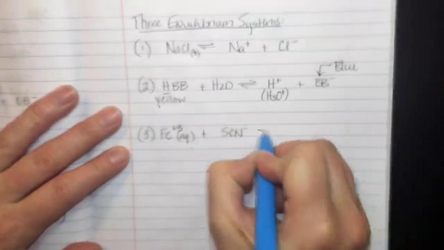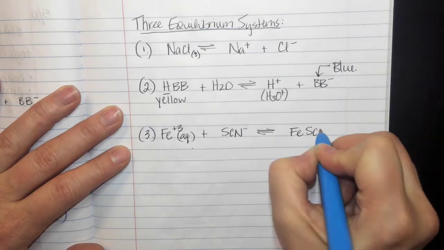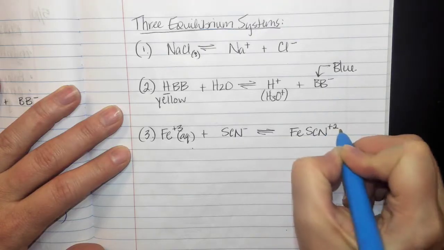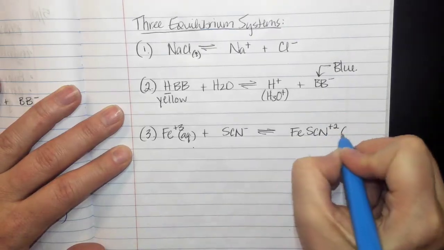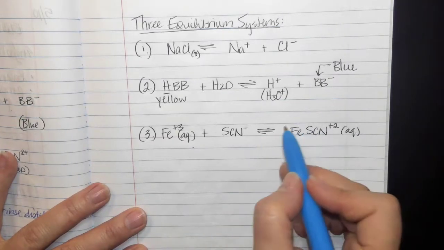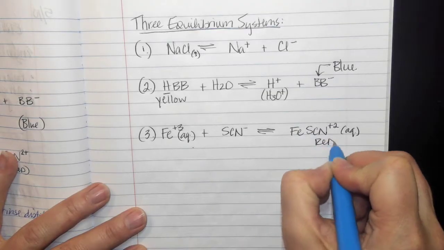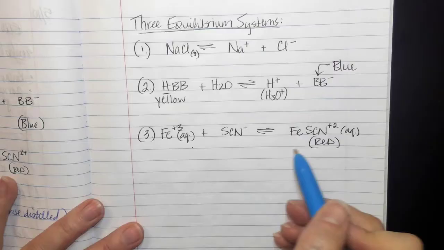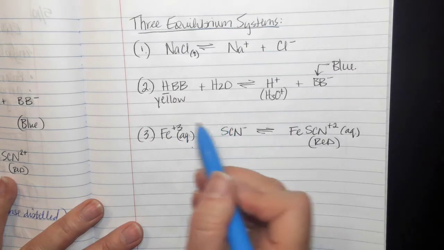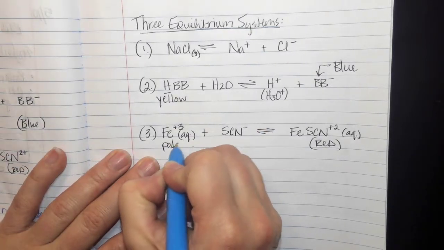And when it is in equilibrium, it makes this complex FeSCN+2. When this side of the reaction is favored, the solution will be red. When this side of the reaction is favored, the solution will be a pale brown.